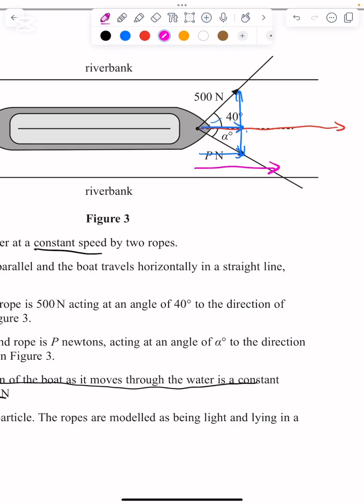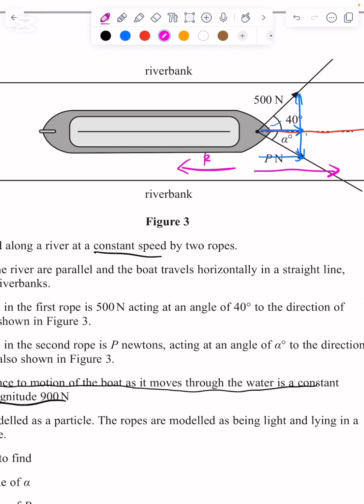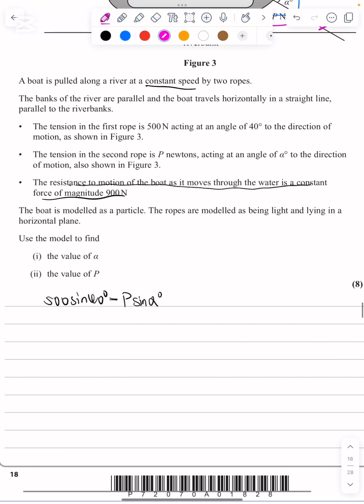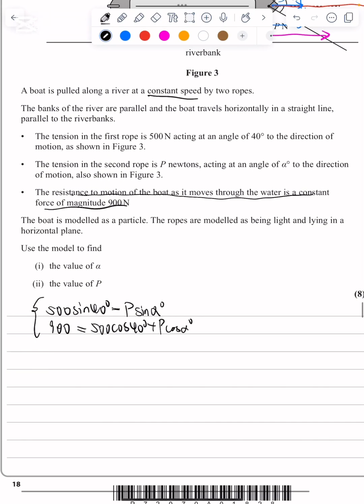This force right here, the two forces' horizontal components must be equal to the resistance that is exerted on the boat by the river. So that means 900 must be equal to 500 cosine 40 degrees plus P cosine alpha degrees. Okay?